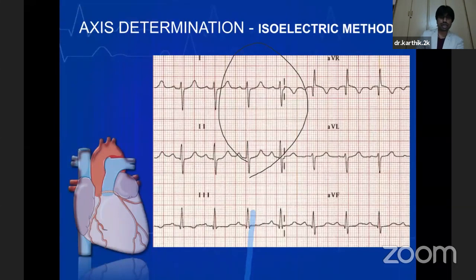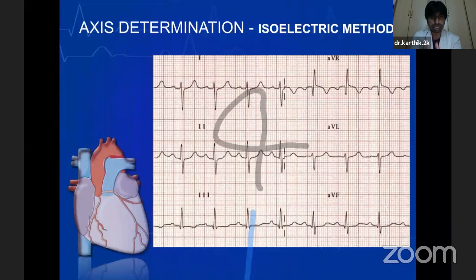Now coming to the other illustration in the isoelectric method. You can see that lead 2 shows the height of the R wave more or less equal to the depth of the S wave. When this happens, you know that lead 2 is the isoelectric point.